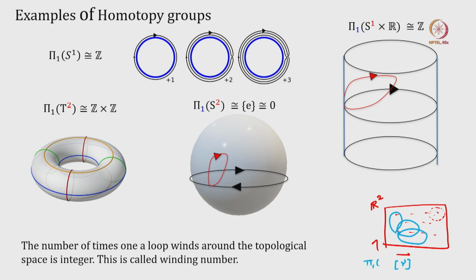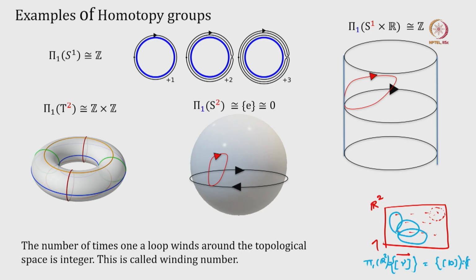So for R2, this group has only one element, which is this loop, and this loop is nothing but the point. Let me denote that point as either P or 0.